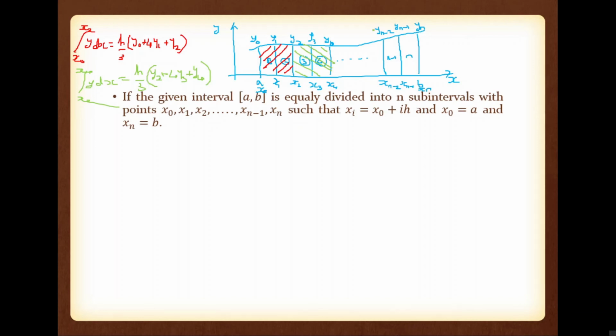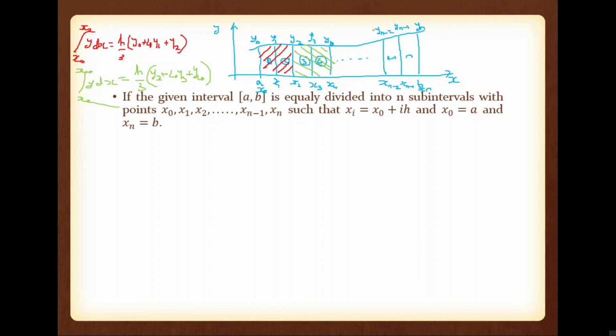That is nothing but n must be an even number. If n is odd, we can't consider the last two subintervals, or we can't derive the Simpson's composite one-third rule.